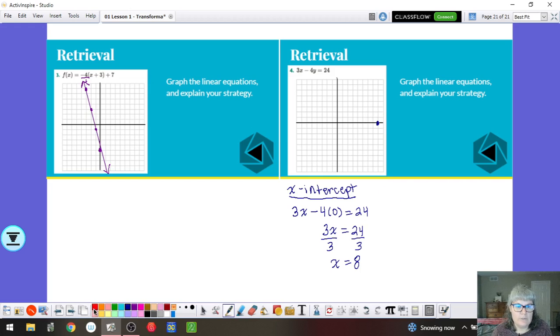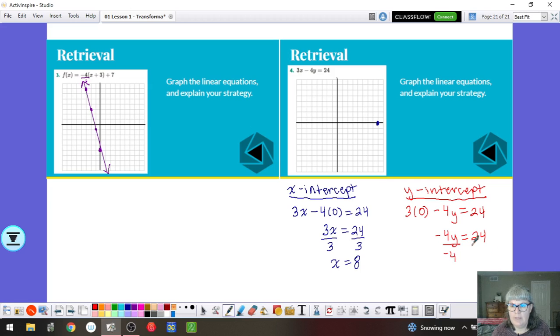For the y-intercept, that's going to be found on my y-axis. And the x value for any point on this y-axis is 0. So this time I'm going to replace the x in my equation with 0. Three times 0 is 0, so we're left with negative 4y equals 24.